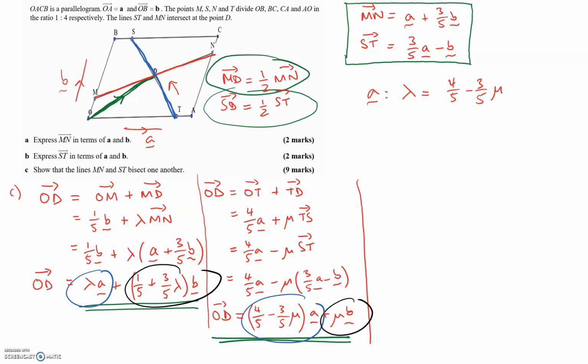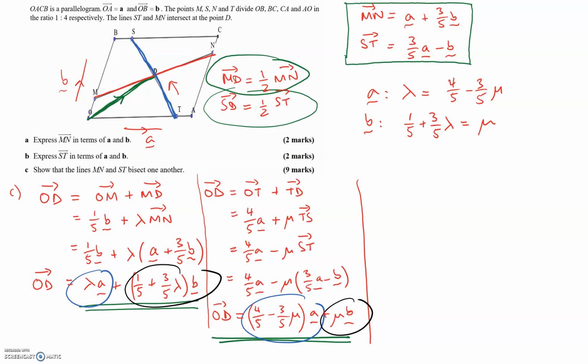Okay, can't do anything with that, so I'm going to look at the B's. On the left side I've got a fifth plus 3/5 lambda. On the right I've got mu. Great, I've got two equations, two unknowns. I can solve them simultaneously. This is the kind of boring bit now, because we just need to solve them simultaneously, so I'll do that.